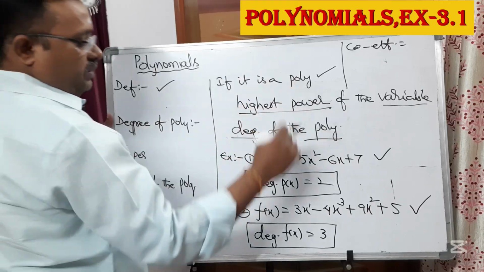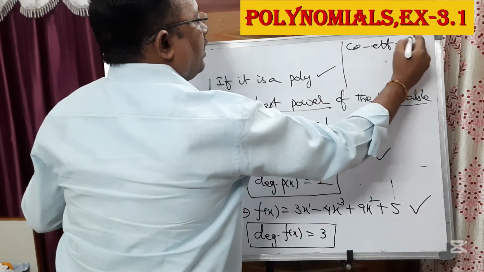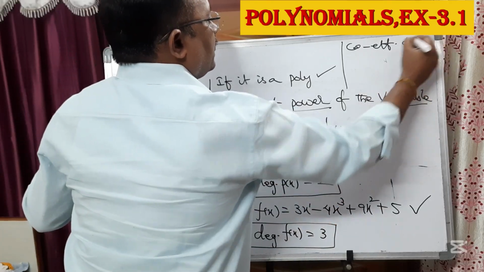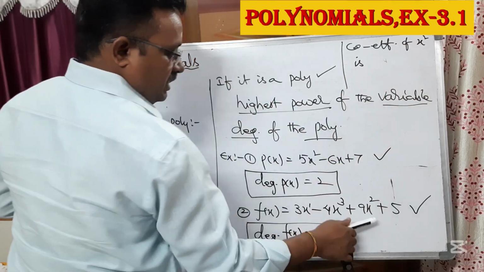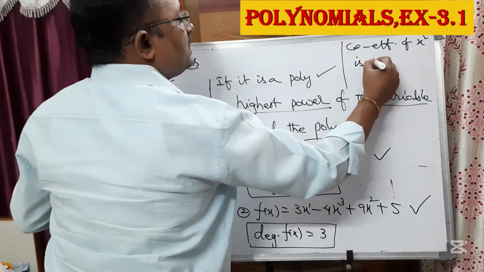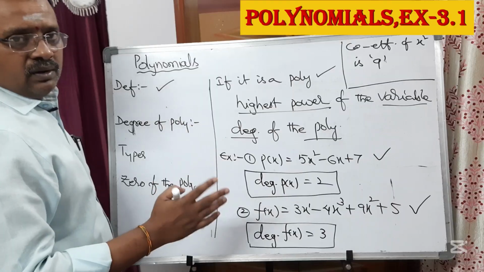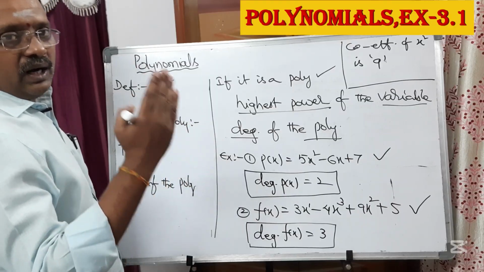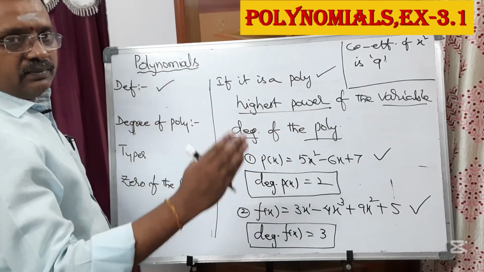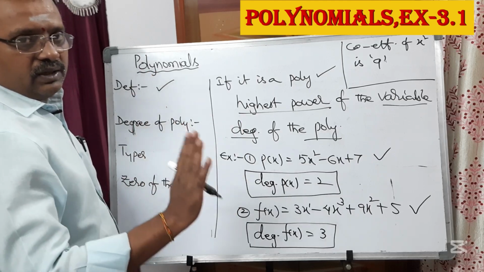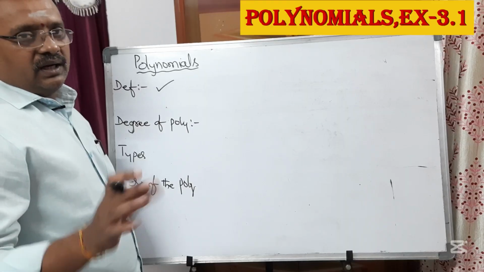Coefficient of x square in this example is how much? X square coefficient is 9. Like that, you should be able to understand what is the coefficient of a term, what is the degree of the polynomial.